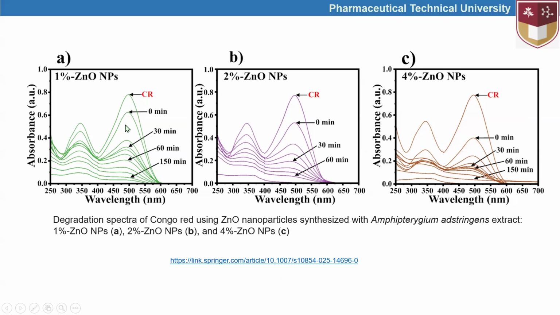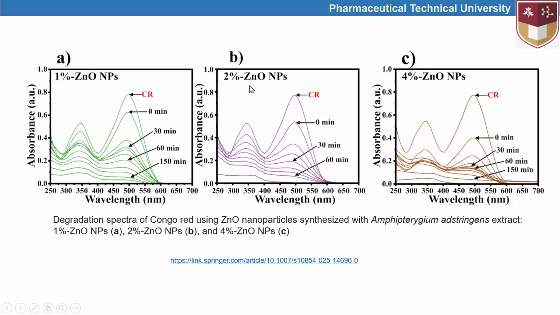Congo red at the zero point has a peak at around 500 nanometers, as it's mixed with 1% zinc oxide nanoparticles. We can see the lowering tendency of the peak of Congo red. It gets smaller and smaller within 150 minutes, within 2.5 hours.